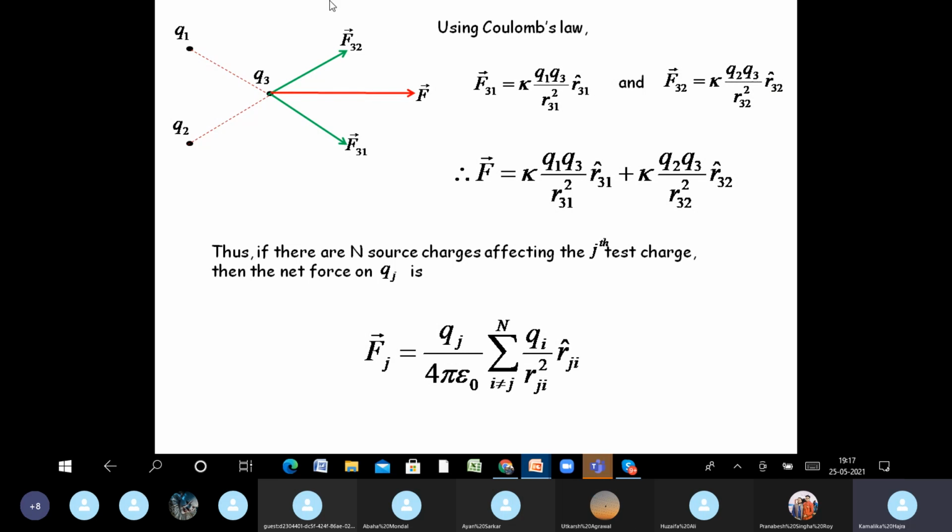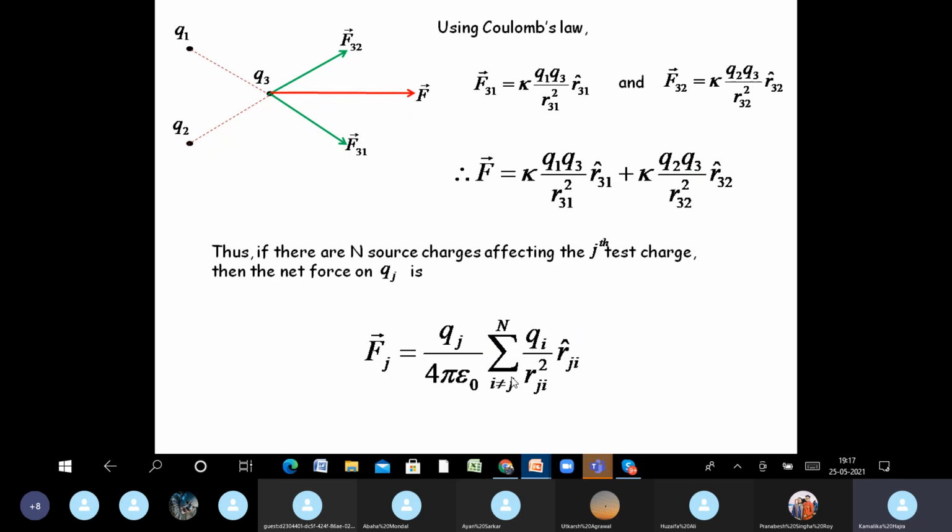You can see that Q3, the test charge, is common in all the terms because that is the charge on which the source charges are exerting the force. So that will come out, the constant k, which is 1 by 4 pi epsilon naught, will come out, and inside you have the vector sum of Q1 by R31 squared R31 cap, Q2 by R32 squared R32 cap, plus say Q3 by R33 squared R33 cap, and so on.